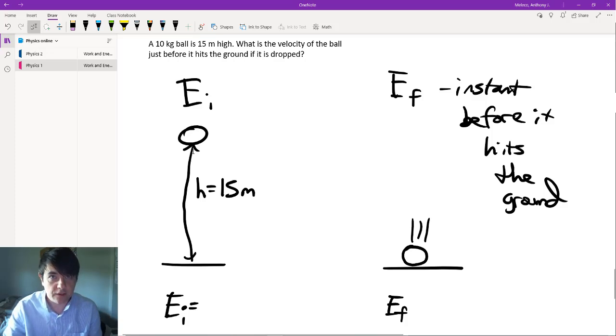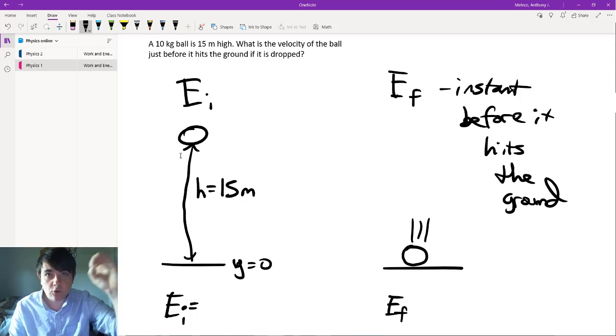Is the object moving? In the initial state, it's lifted above the ground, and so we mark the ground as our 0 point. Gravitational potential energy exists if you're not at that 0 point, if you're above what you define as the 0 point.